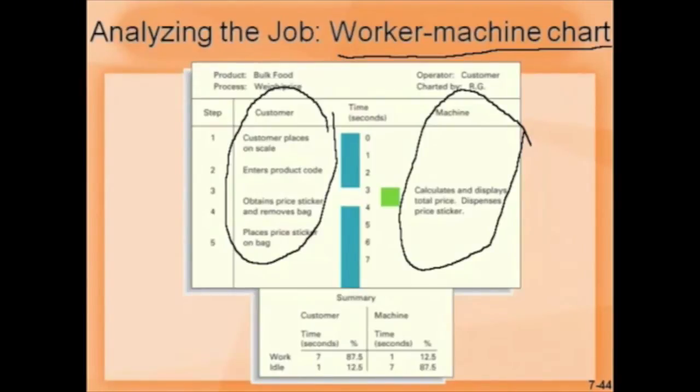So you can see here, when a worker is working, when the machine is working, how much time it is idle, either of them. So that gives you an idea how much time a worker is really busy, depending on what kind of work has been designed, and whether the machine is being used in an efficient manner.